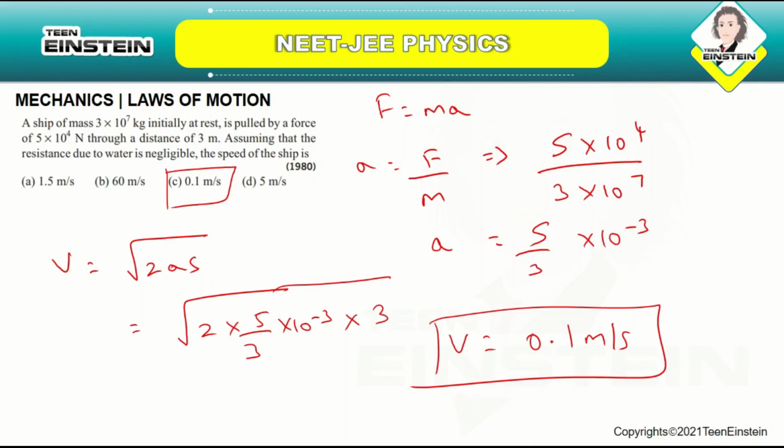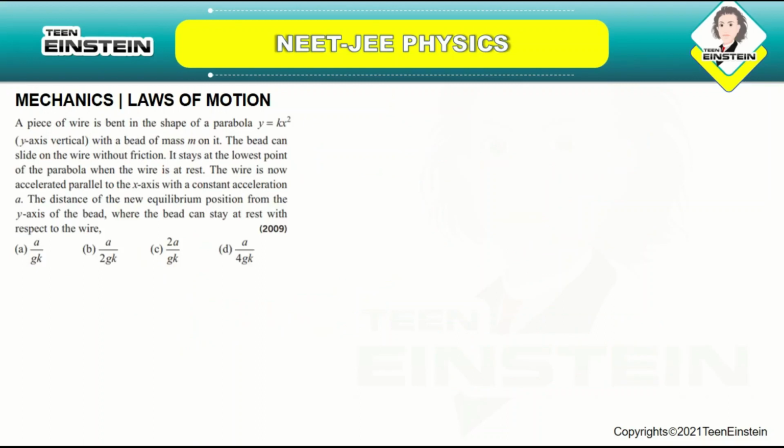Okay, let us now move on to the next question. A piece of wire is bent in the shape of parabola y is equal to kx square, where the y-axis is vertical, with a bead of mass m on it. The bead can slide on the wire without friction.